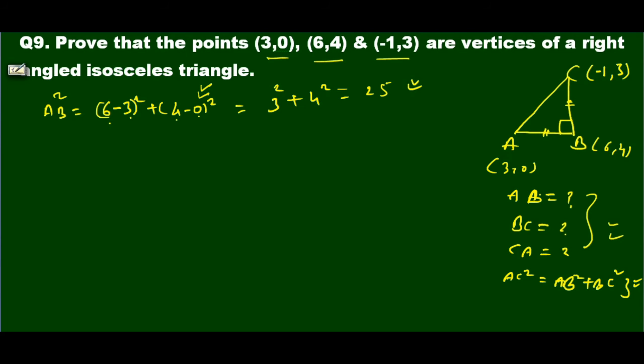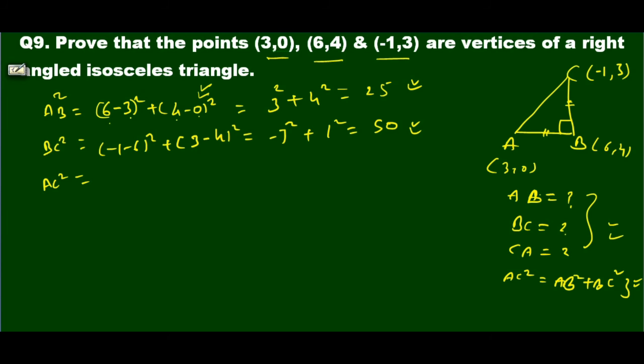Clear? Similarly, you can find BC square. So BC square will become (-1 minus 6) square plus (3 minus 4) square, means this is (-7) square plus this is 1 square. Clear? So this will become 49 and this 1. So this will become 50. Clear? Similarly, AC square.